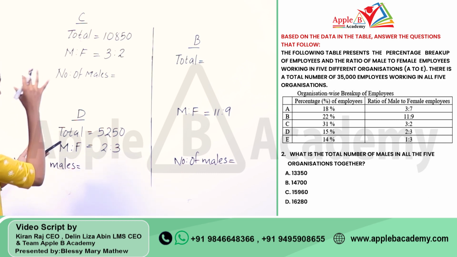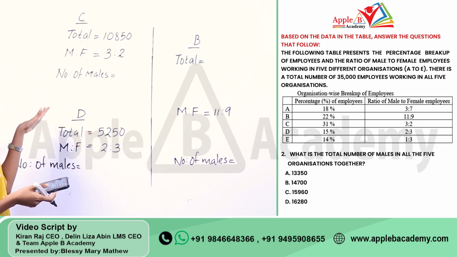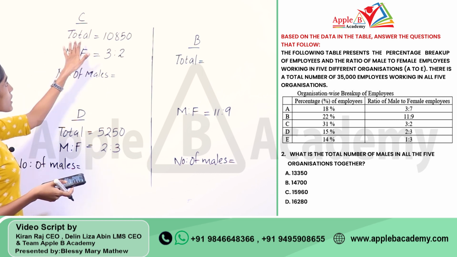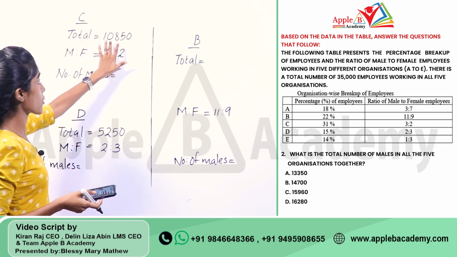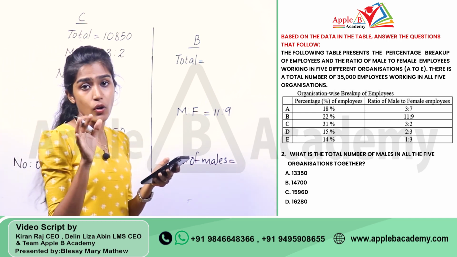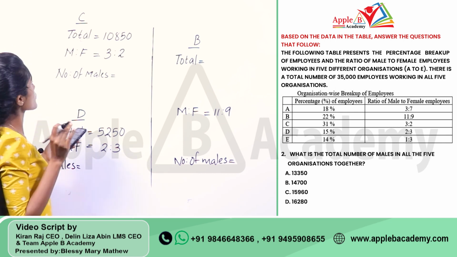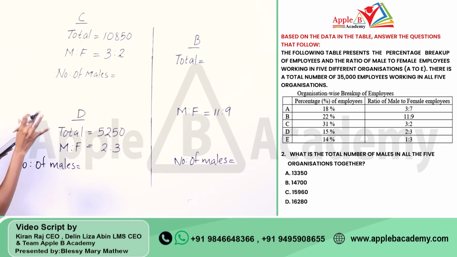So if you find the already calculated data, we know that in organization C, the total number of employees is 10,850, and in the data they have given us the ratio of male and female employees as well. In organization C, the male to female ratio is 3:2.